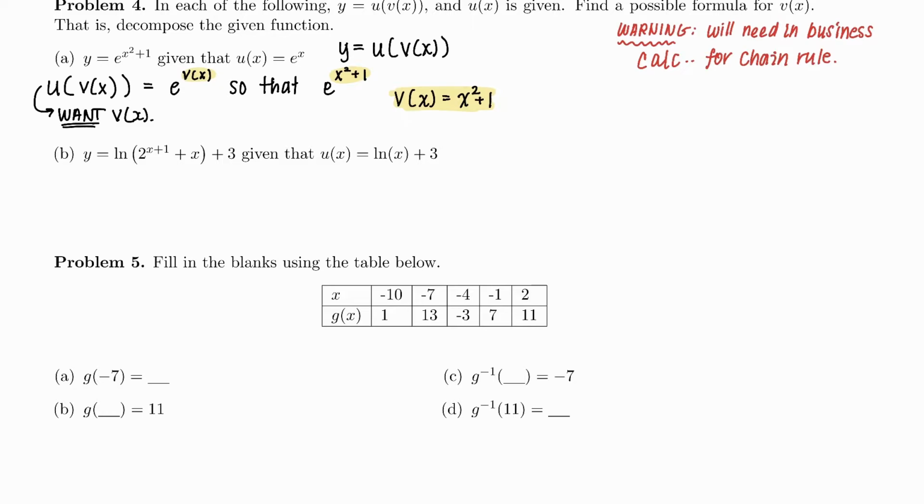Okay. For part B, we're given that y is equal to the natural log of 2 to the x plus 1 plus x plus 3. And u of x is the natural log of x plus 3.